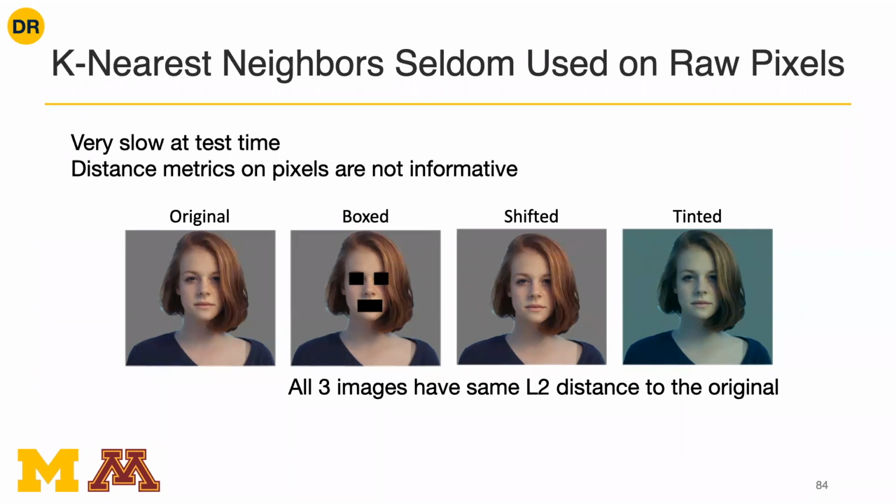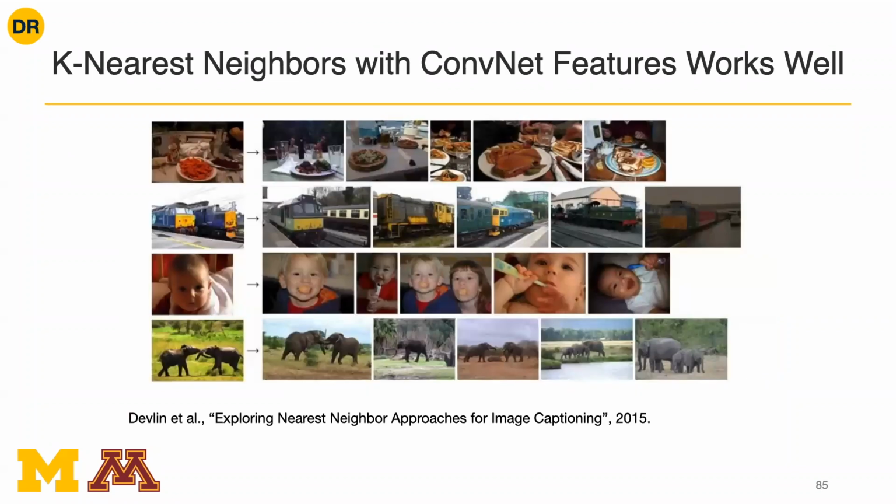So this tells you that maybe using just pixels as direct numbers is not the way to do it. We also saw this in some of the images from the data set. People have also been exploring using features that come out of convolutional neural networks and then doing nearest neighbors on top of them.